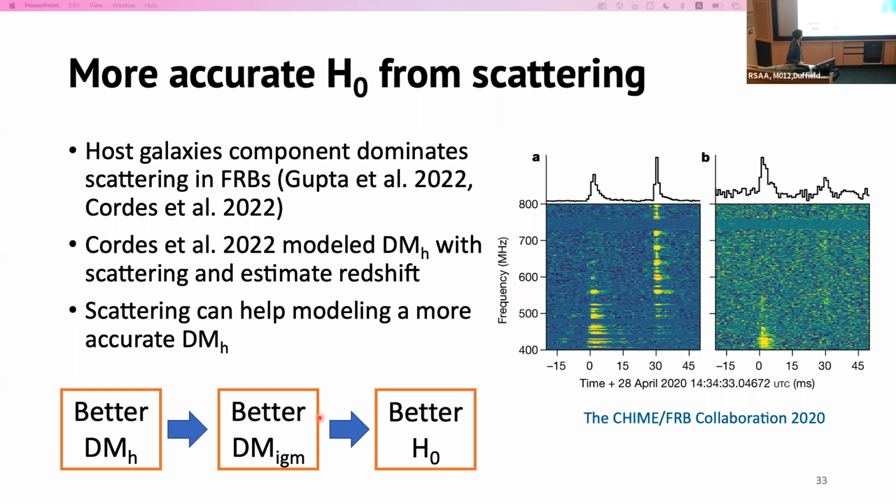For the host galaxy, the scattering in FRBs is dominated by it, so scattering is very important if we want to calculate a correct DM_host. In Cordes et al. 2022, they try to model DM_host with scattering and estimate a more accurate redshift with it. In this project, instead of estimating redshift, we are using known redshifts and trying to constrain a better DM_host, and so get a better DM_IGM and a better Hubble's constant.